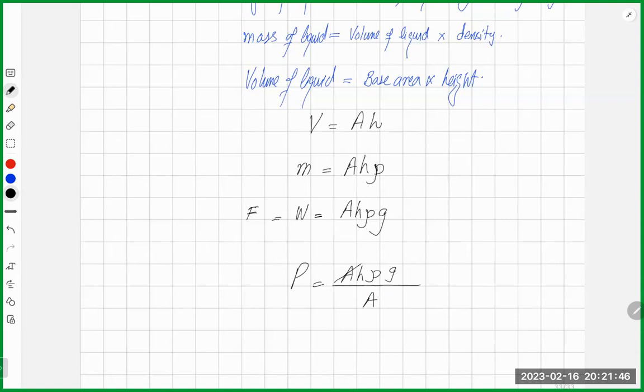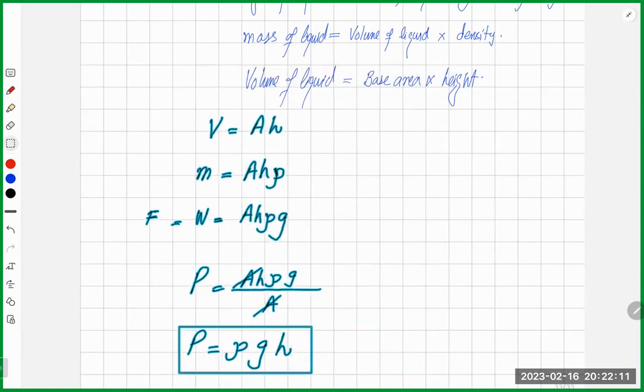So I can see area and area get cancelled. So pressure of liquid is rho g h. This is a very famous and very useful formula for pressure of fluid. There are some important things in this formula.